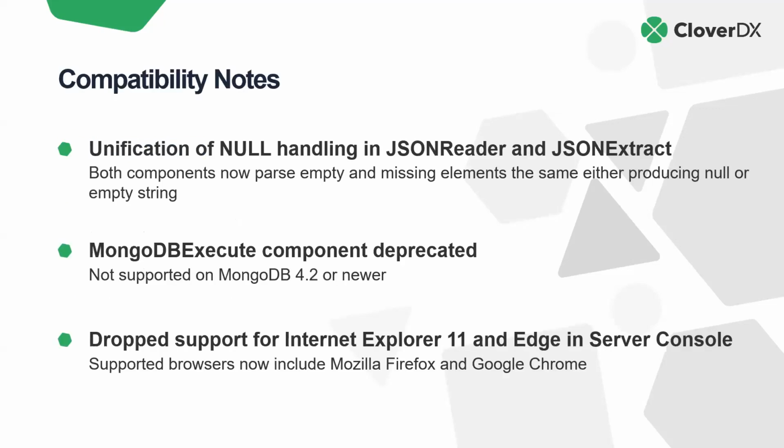And as usual, we've had a number of changes that affect compatibility of CloverDX with previous versions. We strive to keep the server compatible with Clover Designer as well, but sometimes there are just changes that we have to make. In this case, the biggest one was the unification of null handling in JSON Reader and JSON Extract.